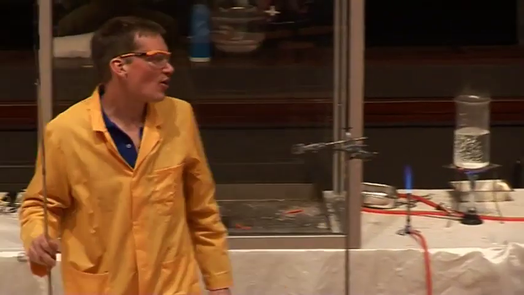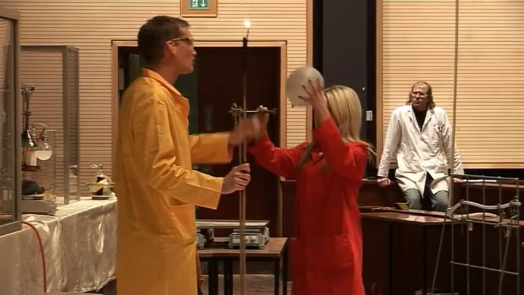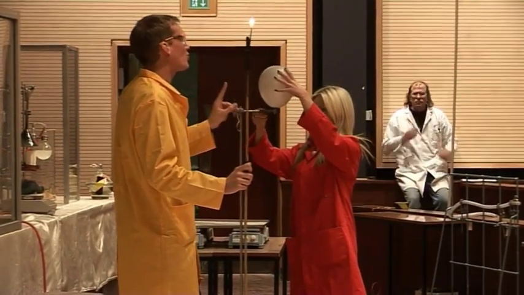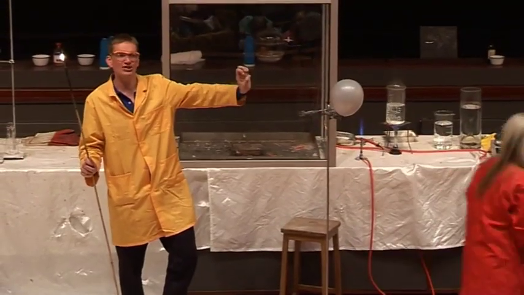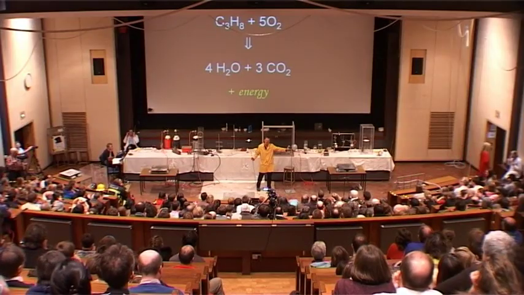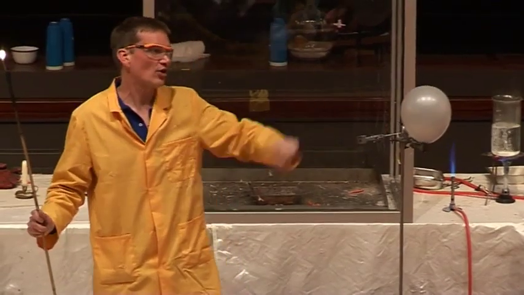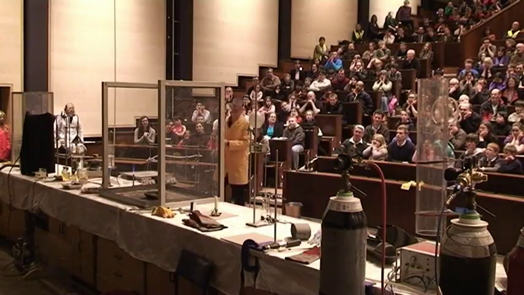So this balloon now has propane and oxygen mixed in the correct ratio, so 1 part propane to 5 parts oxygen. It's the same size balloon, so it's got the same total amount of gas in it, which means actually the amount of propane in it is much less now. So there's much less propane in here. There's 5 parts oxygen. But let's see if it goes with a bit of a bigger bang.